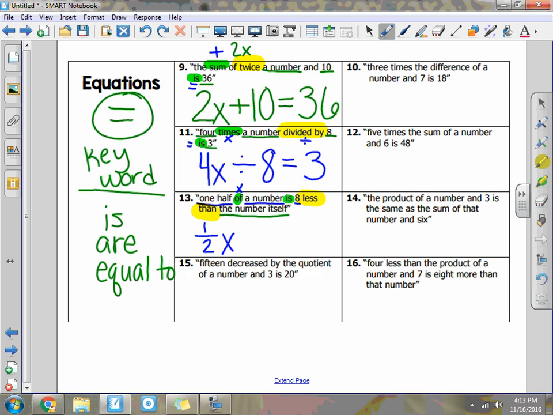So I'm multiplying by a mystery number equals. Now this is that tricky less than. I know that that means subtraction, so I'm going to write my subtraction in there, but it is a turnaround phrase. So I have to put the 8 at the end and the X, that mystery number, the same mystery number, so I'm going to use the same letter, out front of the subtraction problem.